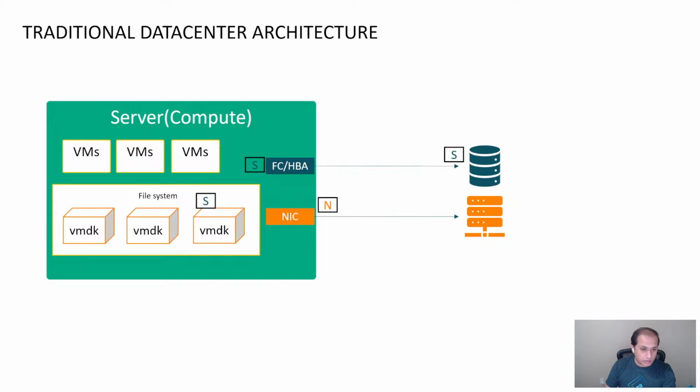Networking works exactly the same way as we saw in virtualization: the network traffic is sent to a network switch. This is how about 60% of current data centers are, and eventually they will move away from this because better designs have come up, and one of them is HCI, which I want to talk about.